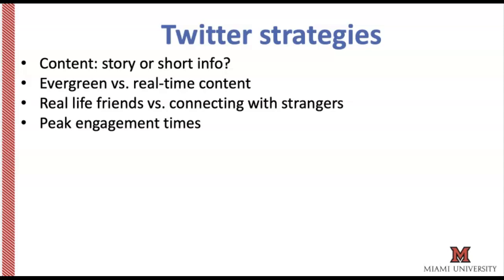One of the characteristics of Twitter is they have a peak engagement time. So when you send out a tweet, the effectiveness of a tweet could last for a very short period of time, right? So a lot of times they say if you really want this message to be seen by others, you need to send out the message multiple times at different time frames.